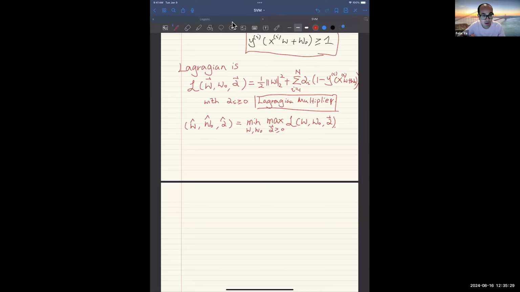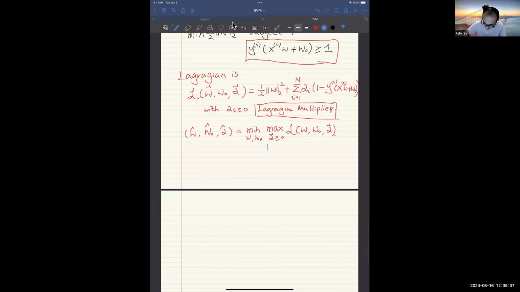This whole problem, as I mentioned, is convex and has strong duality as well. I'm not going to prove convexity and strong duality, I'm just stating it here. So this is convex plus strong duality. What you can do is shift the order of the minimization and the maximization.